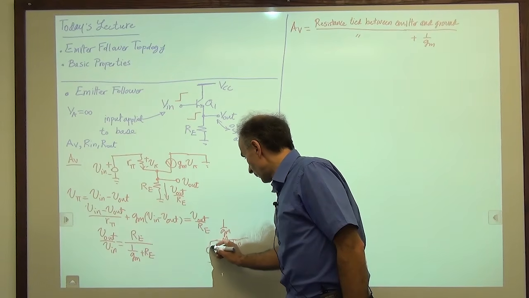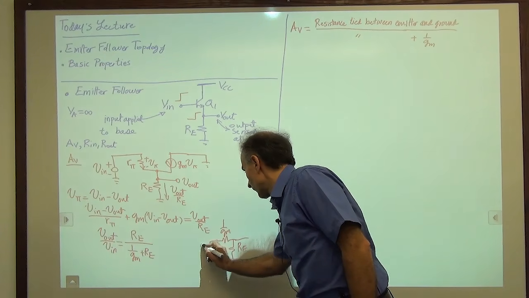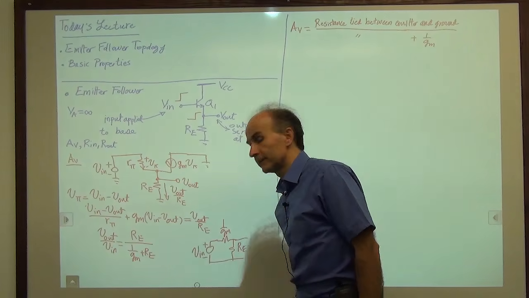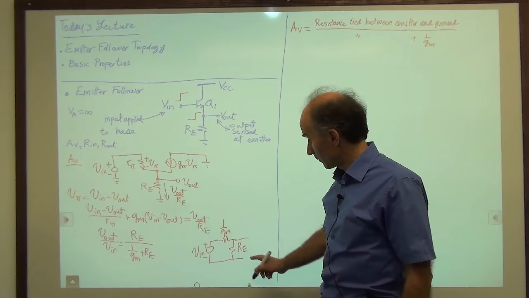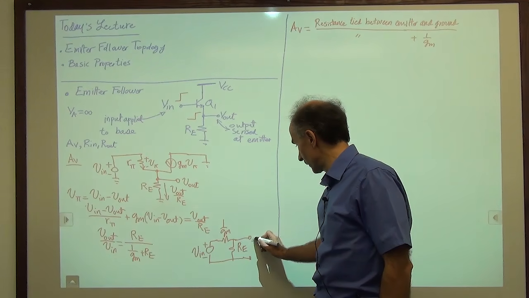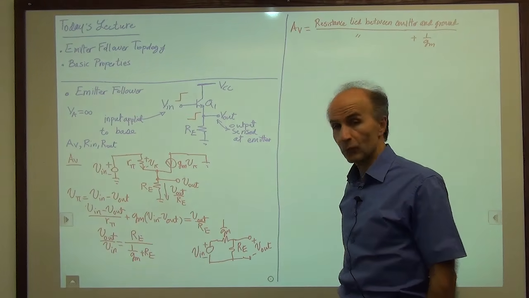So we can say that equivalently, an emitter follower does this. If you give it an input voltage, like so, it attenuates it according to this attenuation factor, and it generates a V out here. Right?